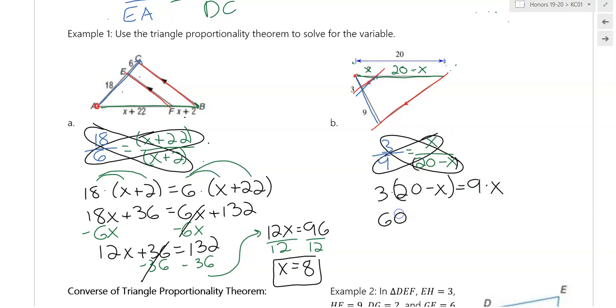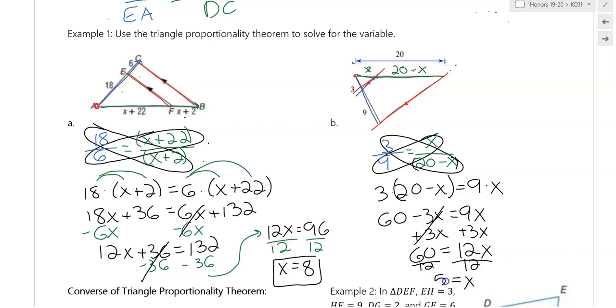So I have 60 minus 3x equals 9x. Add 3x. 60 equals 12x. Right, because those go away. And then divide by 12. So this would be 5 there. Okay. So be careful with these ones when you have that whole line across.